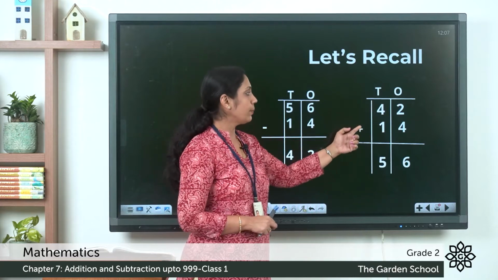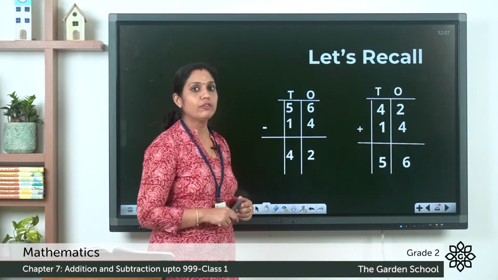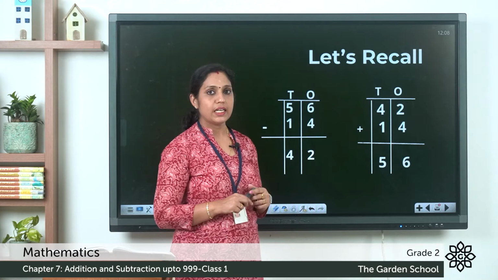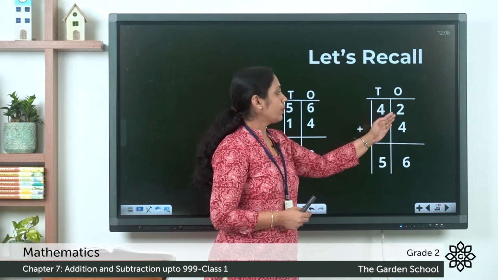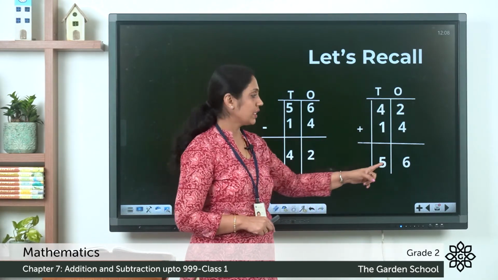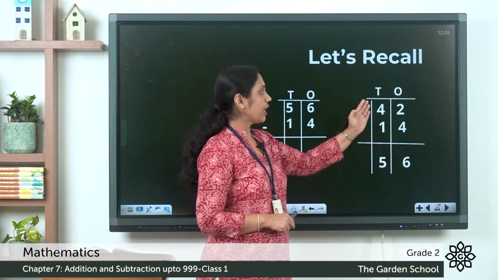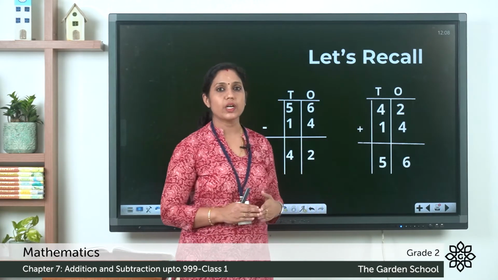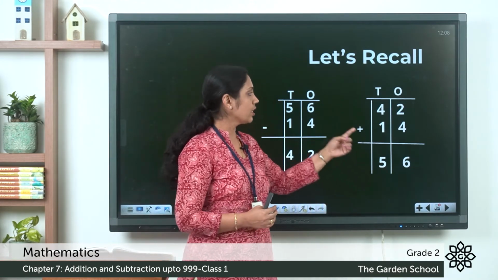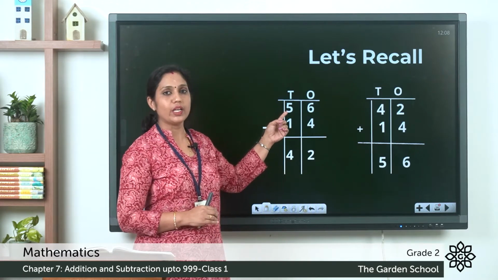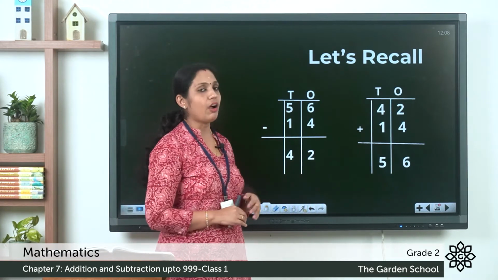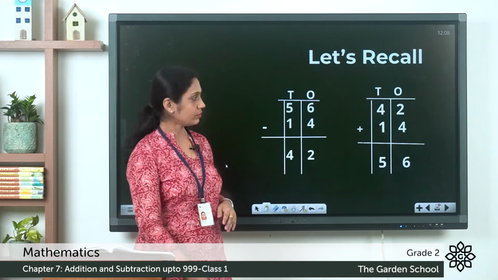When we add, we have to get the minuend. 2 plus 4 is equal to 6. In the tens place we have 4 plus 1, which is 5. We got 56. The minuend is 56, so we can say that our answer is correct.